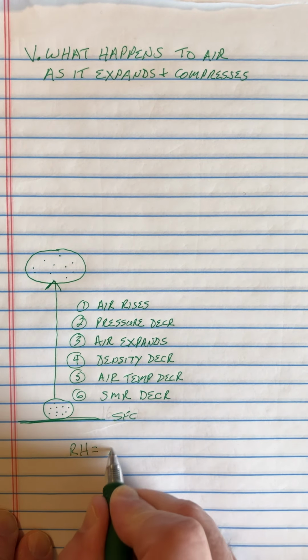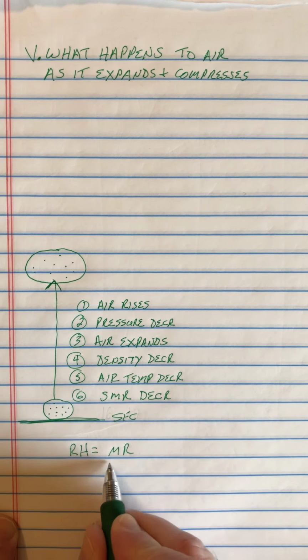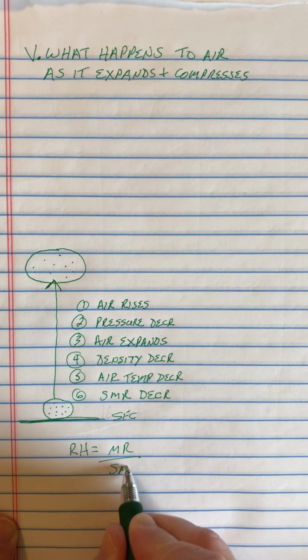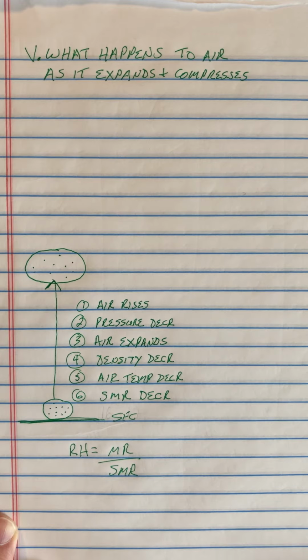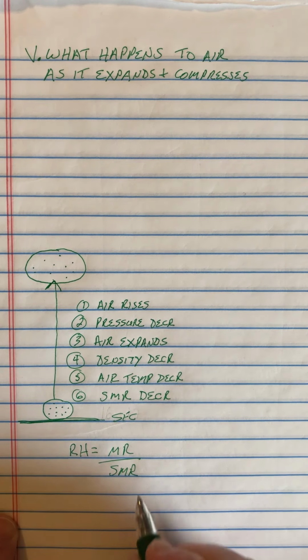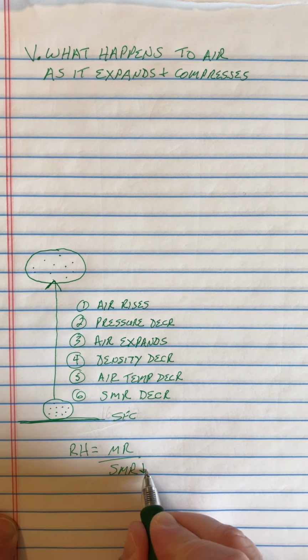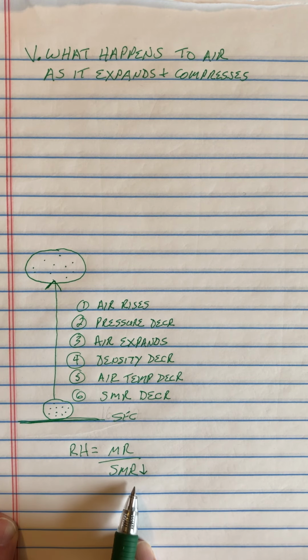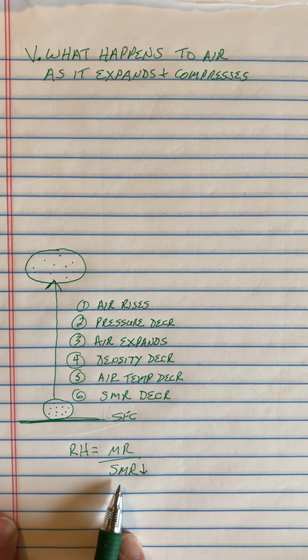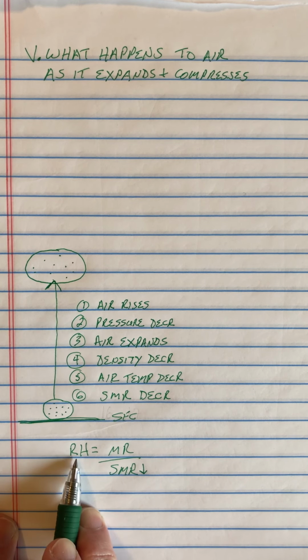Now think back to our equation for relative humidity: the mixing ratio divided by the saturation mixing ratio. If the saturation mixing ratio of rising air is decreasing, that means our denominator is decreasing. If our denominator is decreasing, then the overall number, the relative humidity, is increasing.